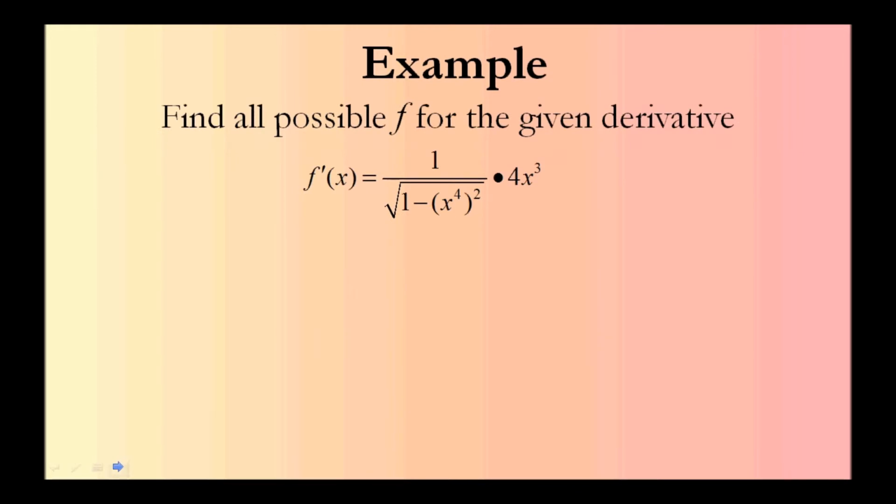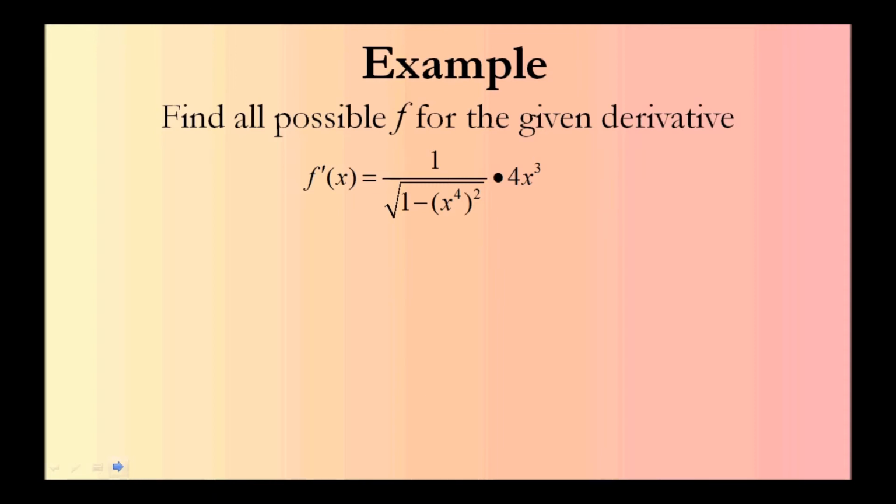Find all possible f for the given derivative f prime of x is equal to 1 divided by the square root of 1 minus x to the 4th squared, times 4x cubed. So what we have here is very messy. We can't find this antiderivative using traditional techniques.